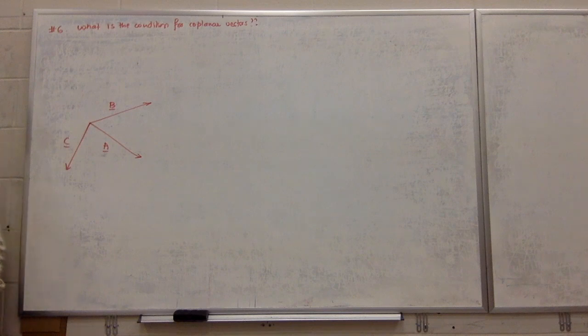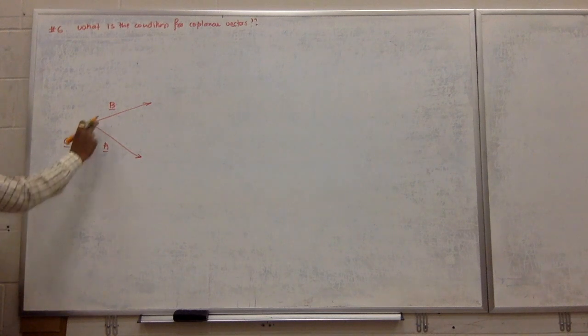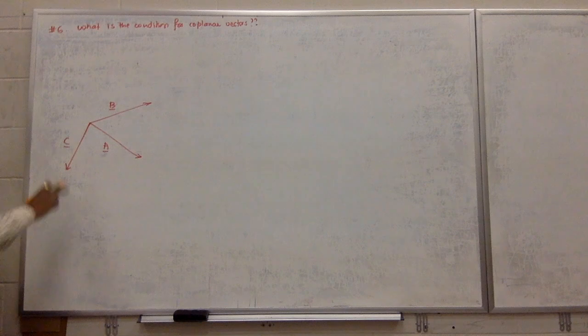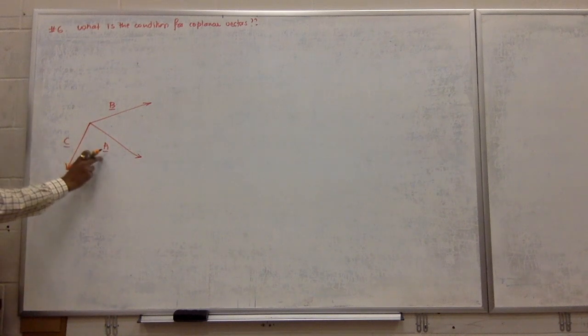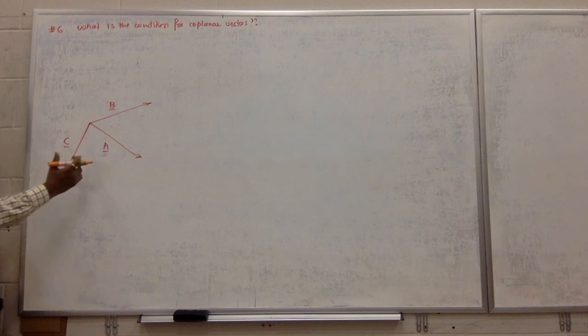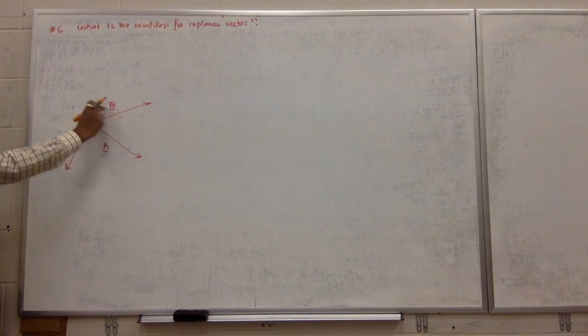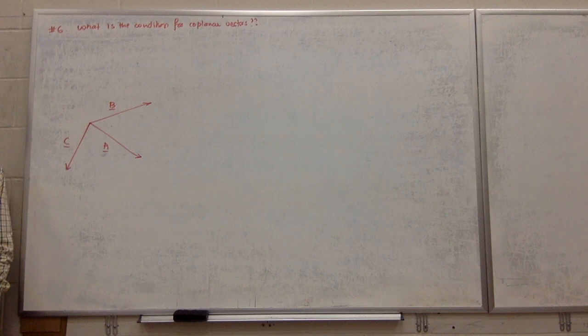Yes. If I take A cross B, if I take the cross product of any of these vectors, C cross A or B cross C, where will that vector be?